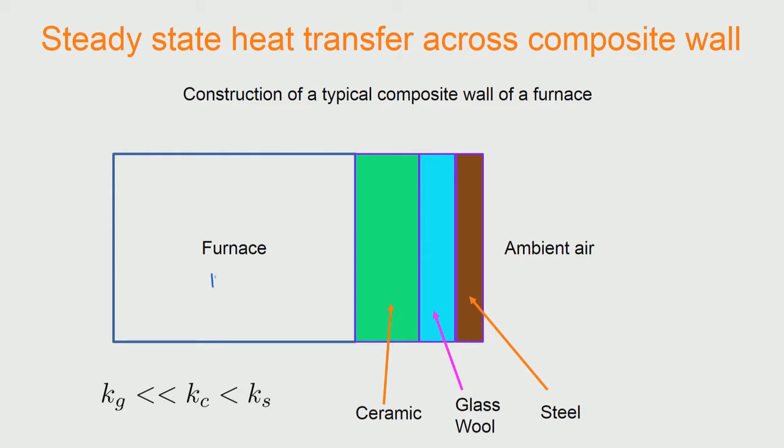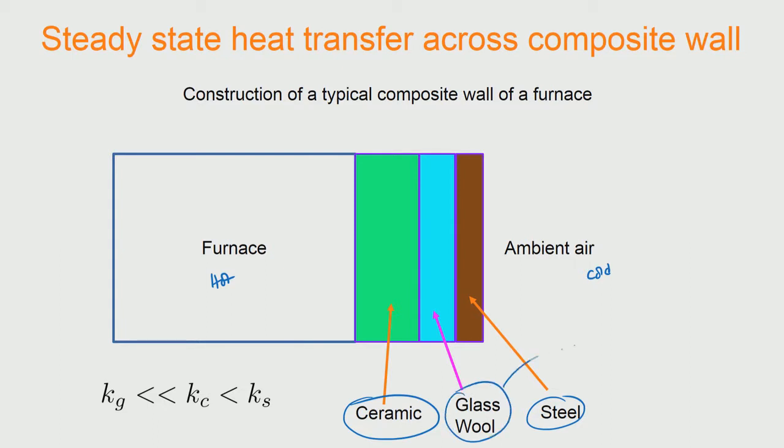The furnace inside is hot and the ambient air is cold, at room temperature, 25 degrees centigrade. The inner wall of the furnace, which is facing the hot air, is usually ceramic, and the outer shell containing this furnace is steel, and what separates the ceramic wall and steel is glass wool.